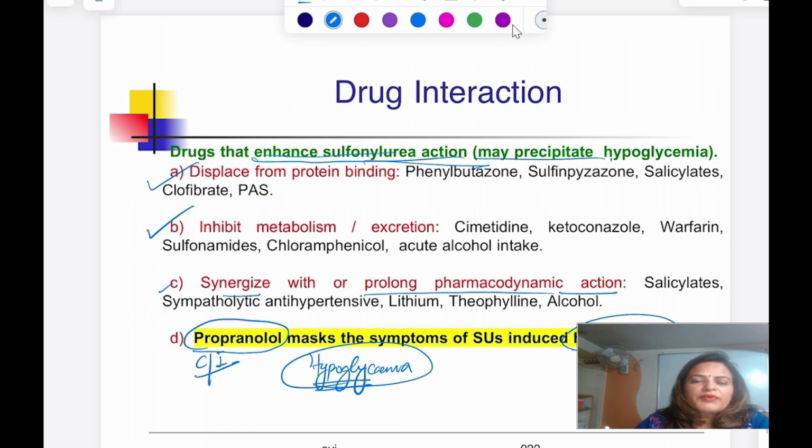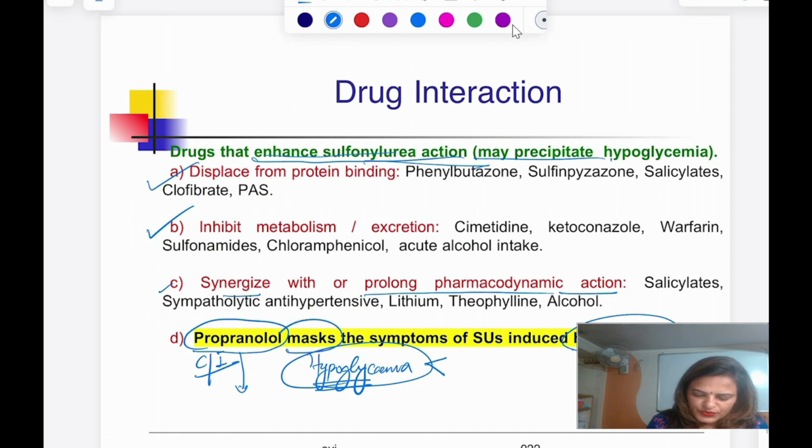If the person suffers hypoglycemia, the sympathetic nervous system will be stimulated, so there will be sweating and tremor. If the person is taking a sympatholytic drug like propranolol, the patient is not going to feel those symptoms.